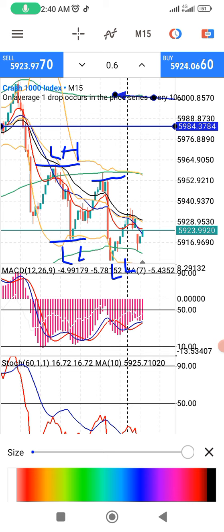Okay, and now we want to see this price pull back from here to this level and then drop from there. Okay, so this is basically structure.